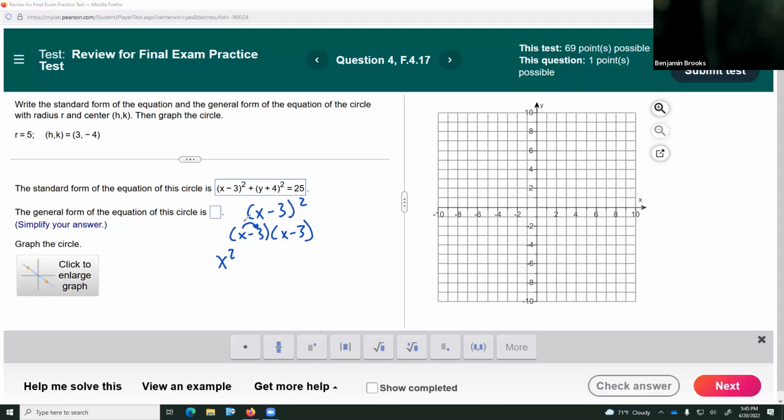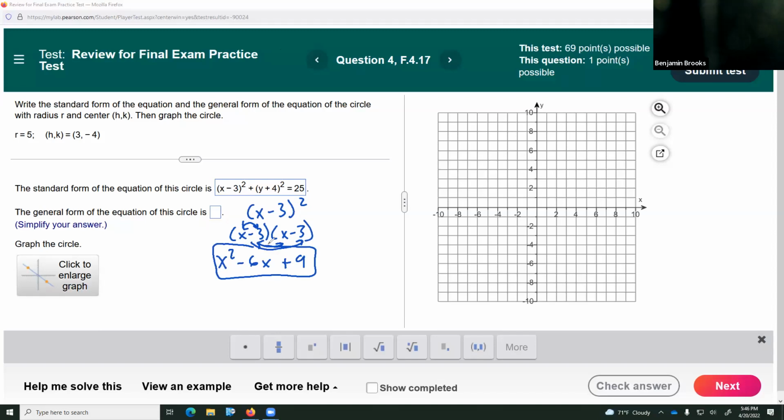You end up doing it twice, once here and once here. So you just do negative 6x plus, and then the last 3 squared. That's the quick way of squaring these things.